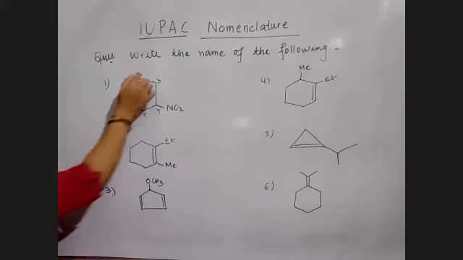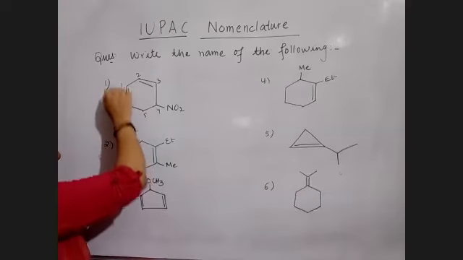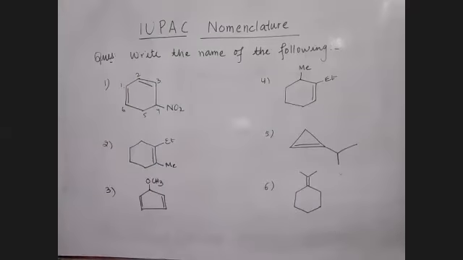See, this double bond is between 2, 3, but this double bond is between 1 and 6. Is this possible? No. So this numbering is absolutely incorrect because double bond position should be continuous.